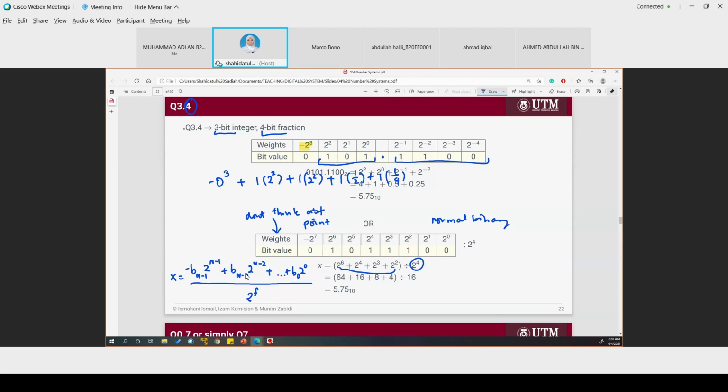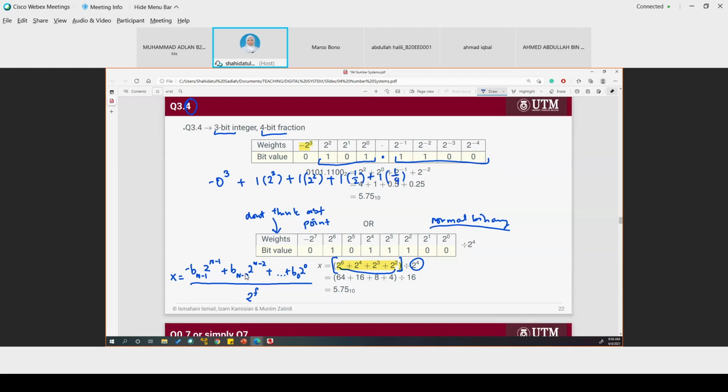If this is not a Q format, if 0101110 is just a normal binary, and you want to translate it to decimal, you just have to count this part that I highlighted in yellow.